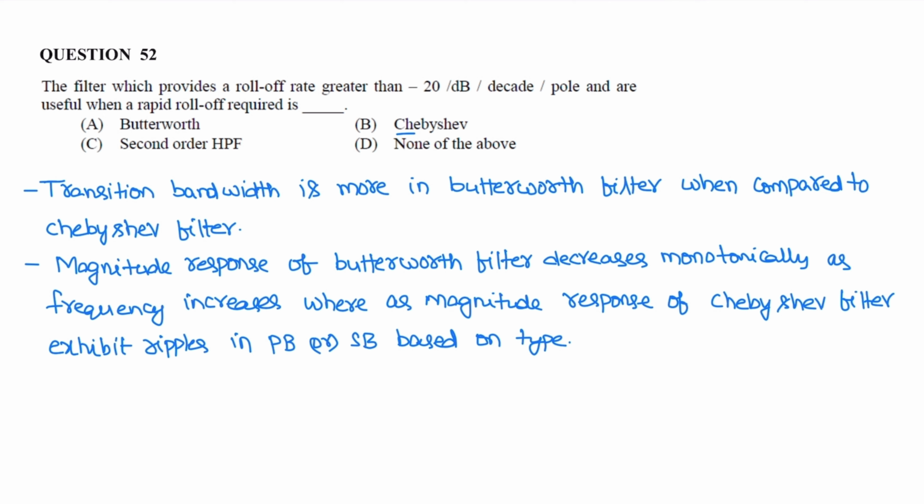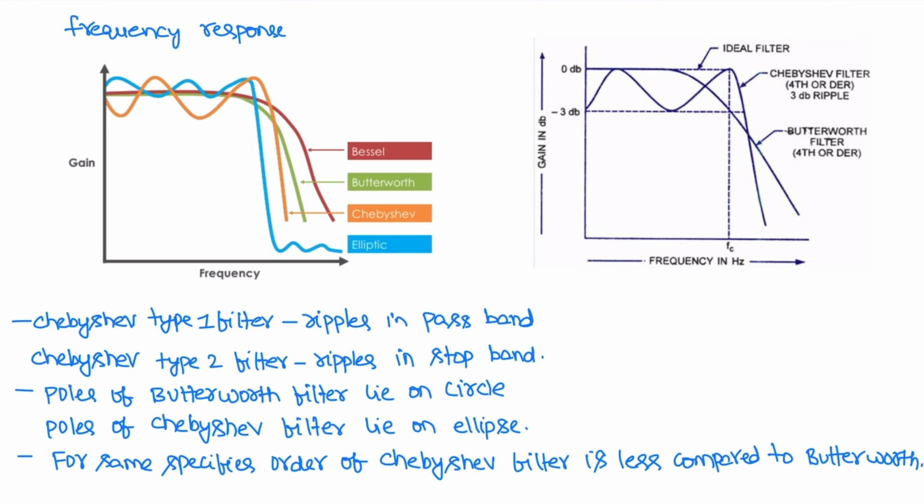Next question. The filter which provides roll off greater than minus 20 dB per decade per pole and is useful when rapid roll off is required is the Chebyshev filter, because the transition bandwidth is more in the Butterworth filter when compared to the Chebyshev filter. From this graph, see the transition roll off.